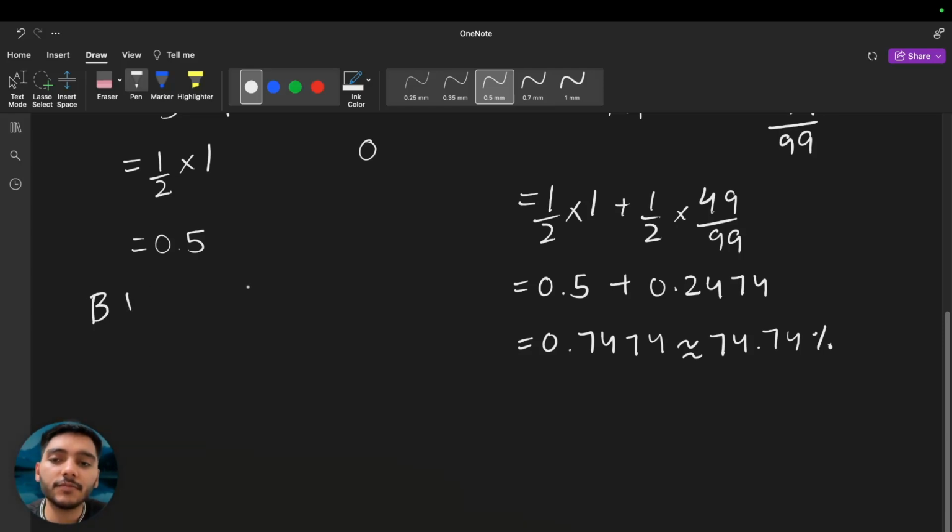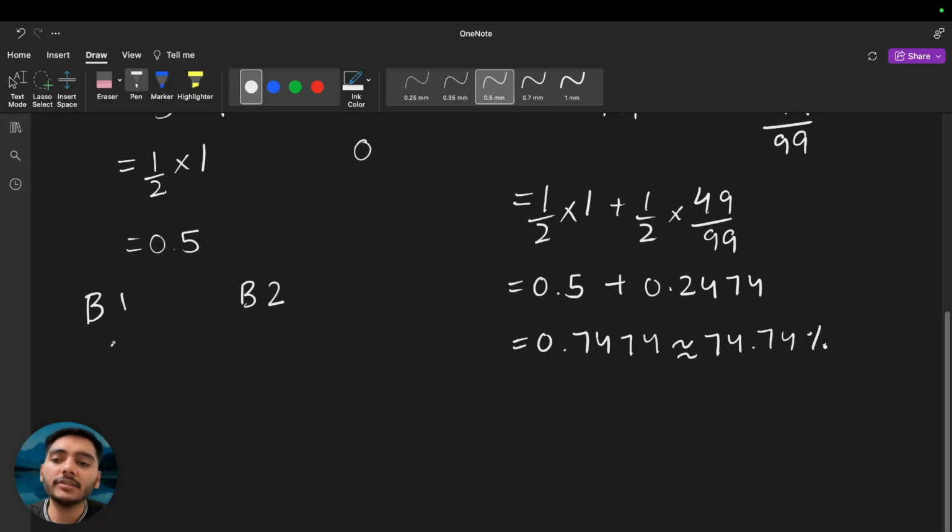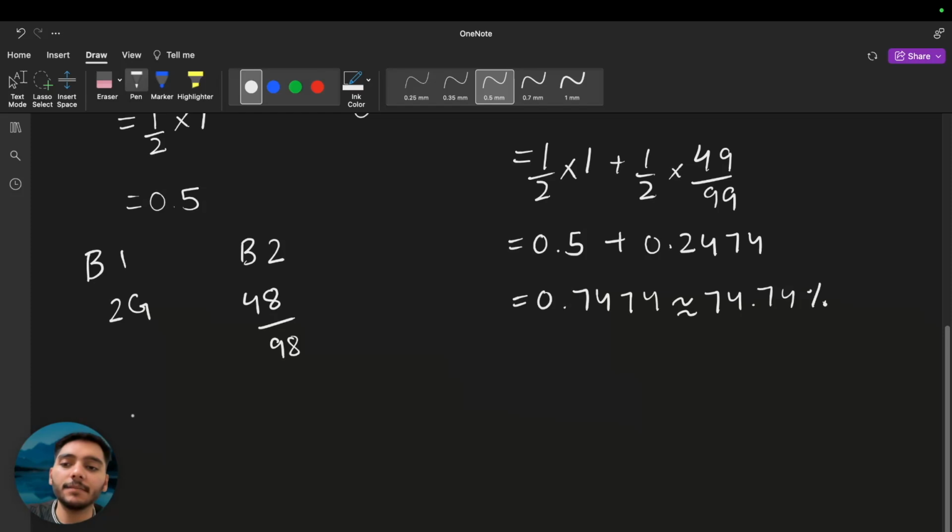Okay, let me show you another case that's important for understanding the whole concept. Let's say we consider box 1 and box 2, and box 1 has 2 good candies and box 2 has the rest of them, 48 upon 98. The probability here will become half into 1, since we have all good candies, plus half into 48 upon 98.